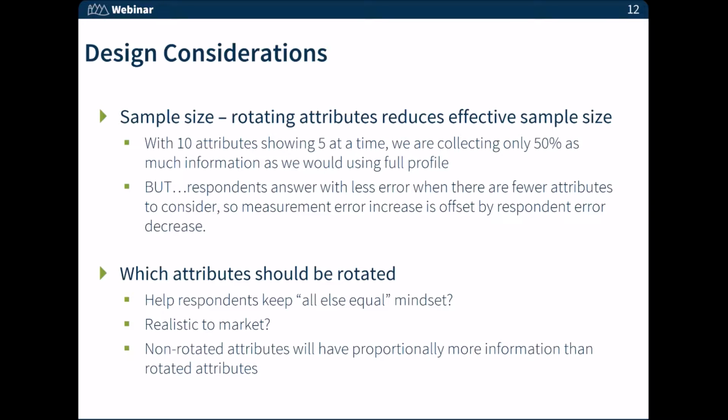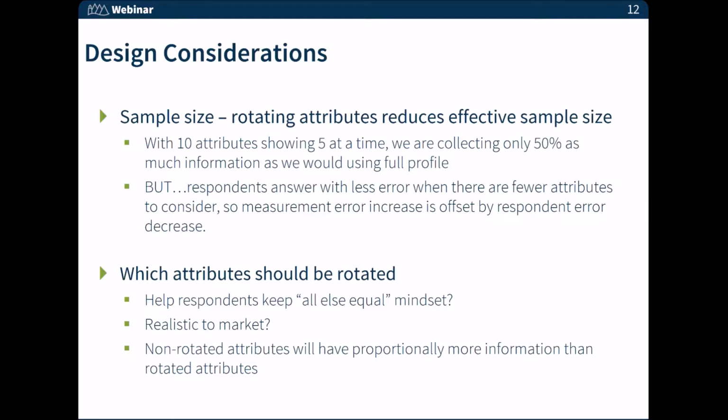But then a couple years after I started working here, Keith Chrzan came back and said, hey, Aaron, that's not exactly an accurate answer, because when we show things partial profile, there's less noise from the respondents. Respondents can look at these product concepts and make more rational judgments, more consistently answer these things.